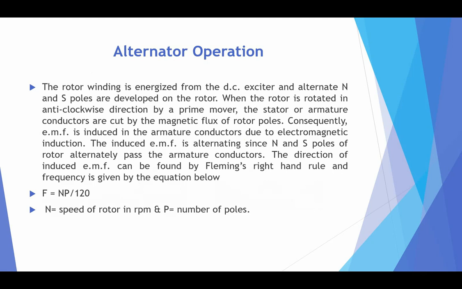Now, how does an alternator operate? Alternator has two basic parts, as we discussed: the stator and the rotor. Stator is stationary. Rotor rotates with the help of a prime mover. First of all, we excite the rotor with the help of a DC source.